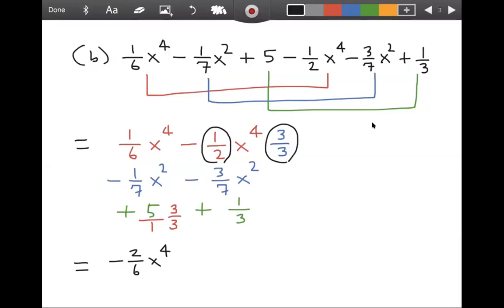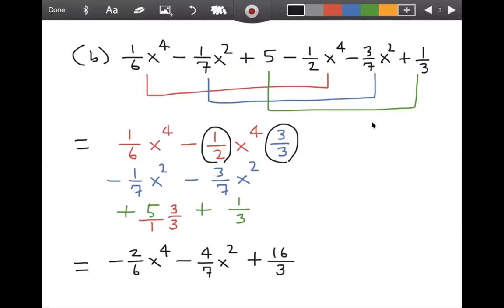Negative 1/7 x squared minus 3/7 x squared is minus 4/7 x squared. And now 5 over 1 times 3 over 3, I'm going to think of that as 15 over 3.